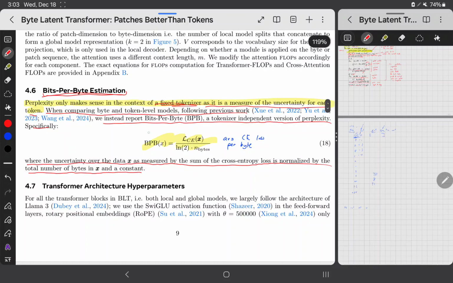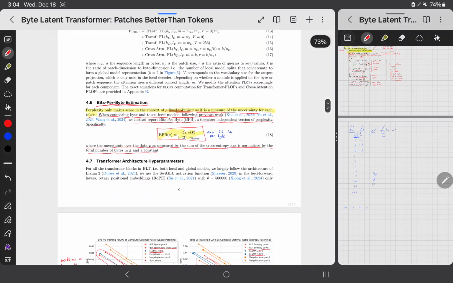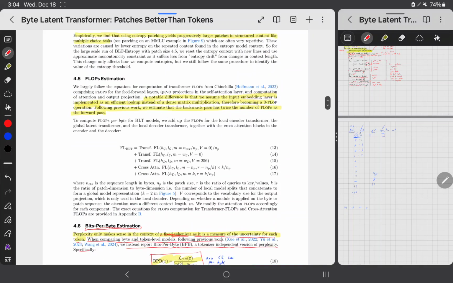So this is basically the non-tokenizer version of perplexity. That's what they're saying. It's a metric. So that's what they mention here.